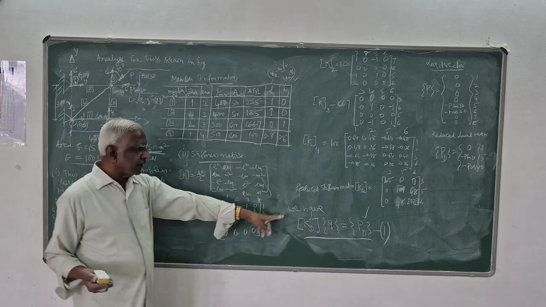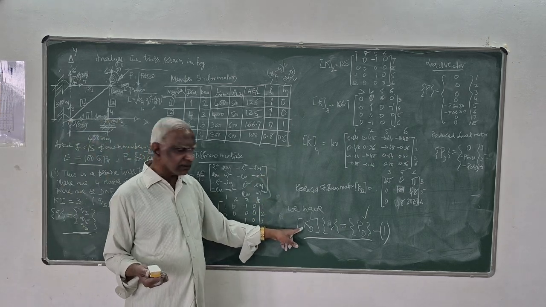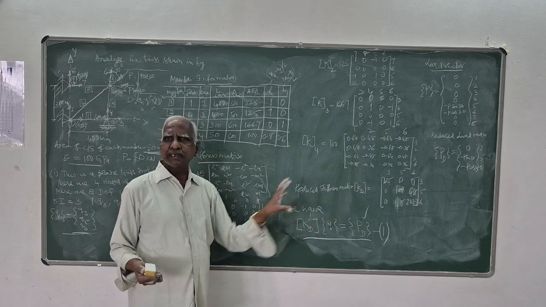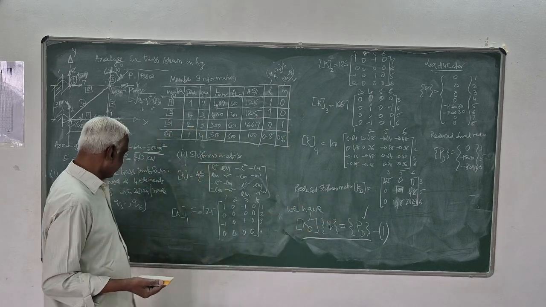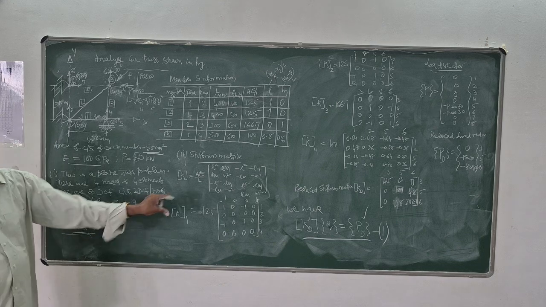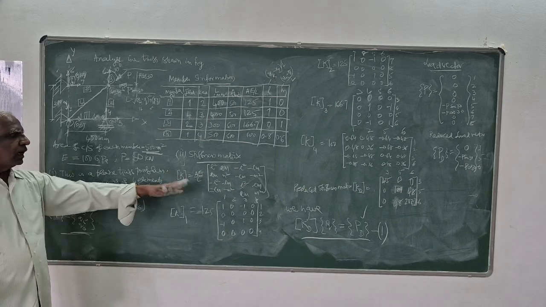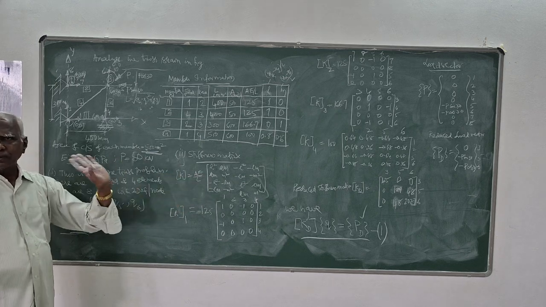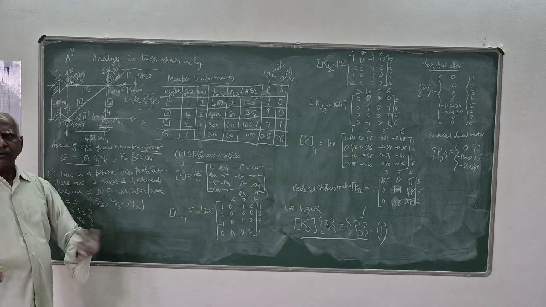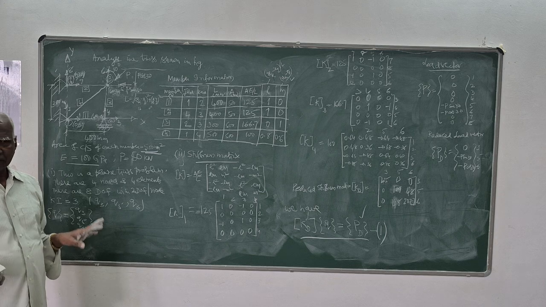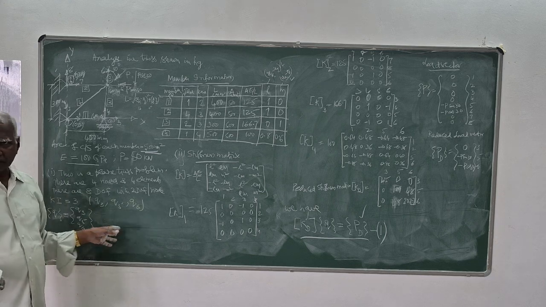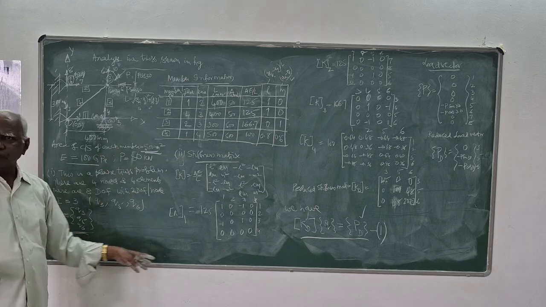So here either you can invert the stiffness matrix or you can take three simultaneous equations in these three unknowns and solve them. Either you can solve the equations or you can invert the matrix and multiply by the PD vector. You will get the unknowns. So this much information is there in the analysis of truss.